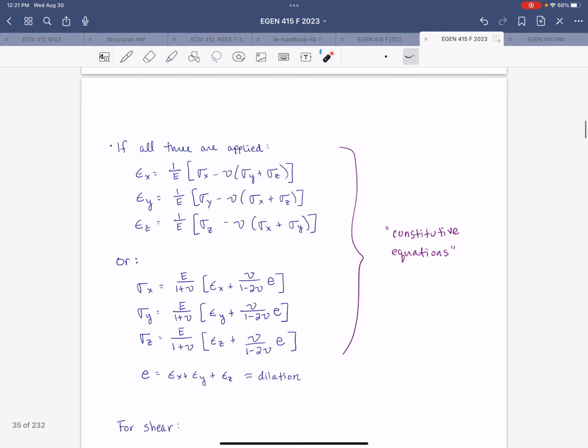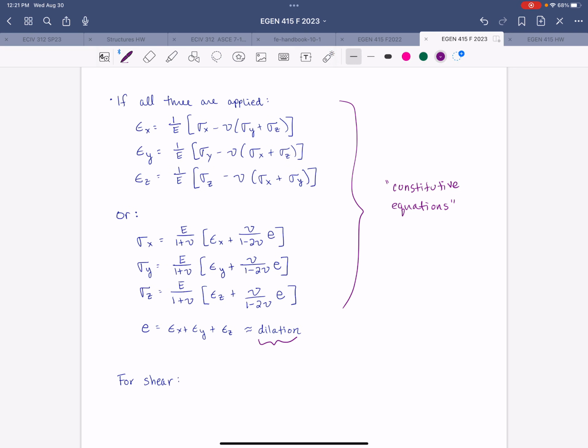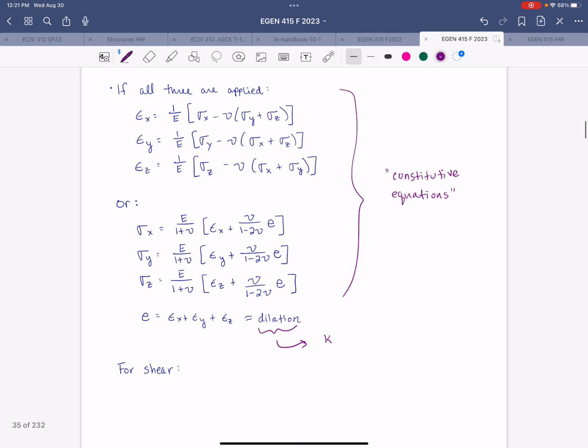Now, this last term down here, lowercase e, being the sum of the normal strains, is used to represent the dilation, or approximately the dilation. There is a symbol for that. We use K, and it represents the volume change per unit volume.